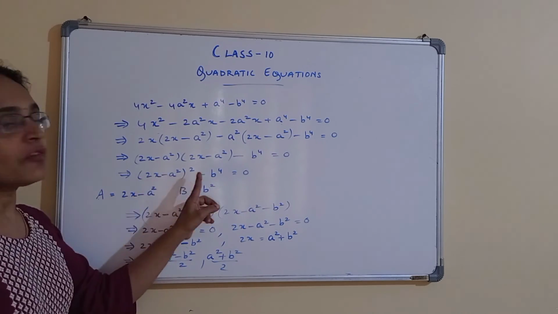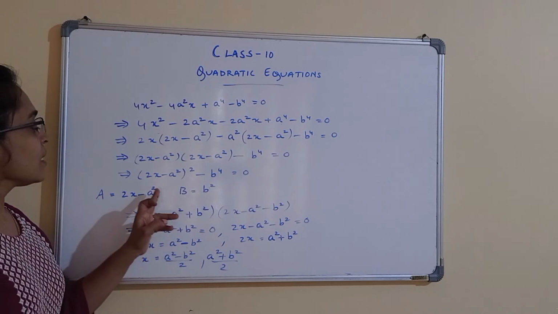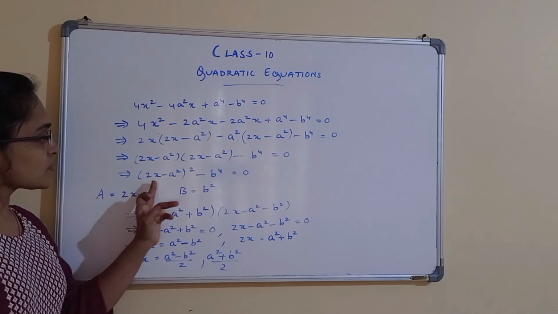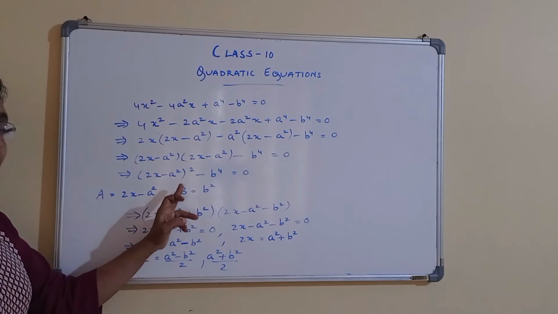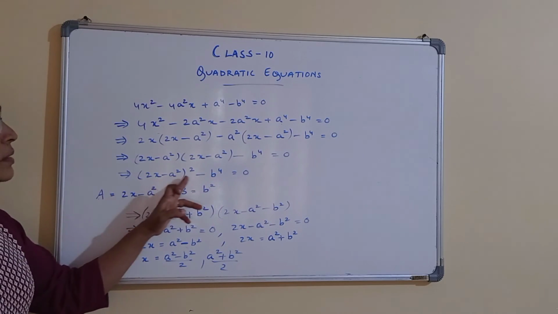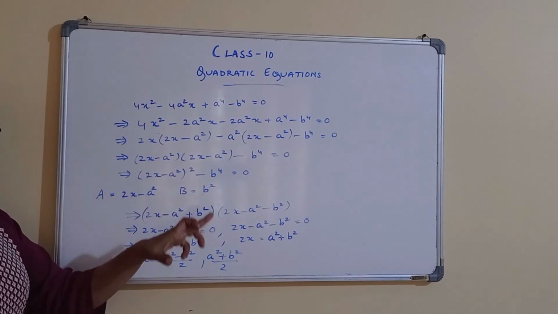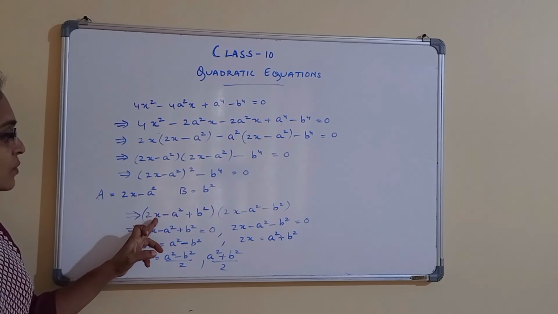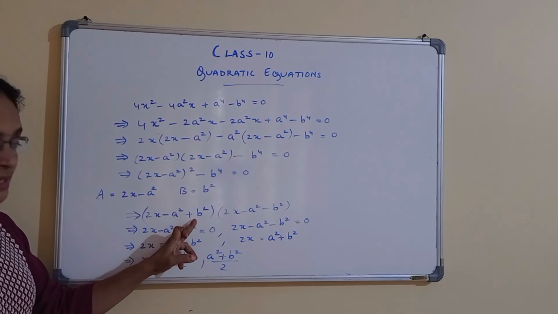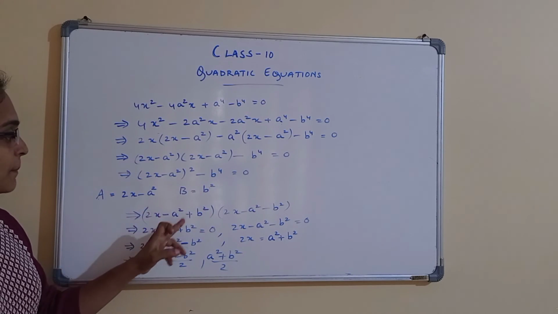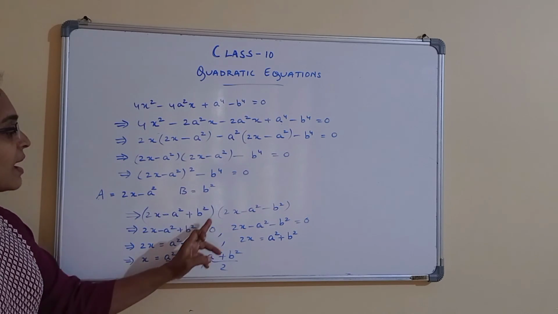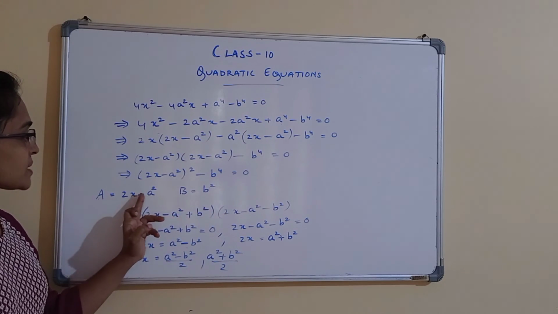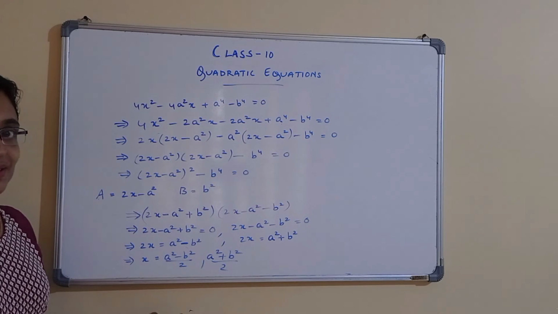And this is of the form a square minus b square, where a is equal to 2x minus a square and b is equal to b square. Okay, so a square minus b square is a plus b into a minus b. So this is equal to 2x minus a square plus b square. That is a plus b. And a minus b is 2x minus a square minus b square.